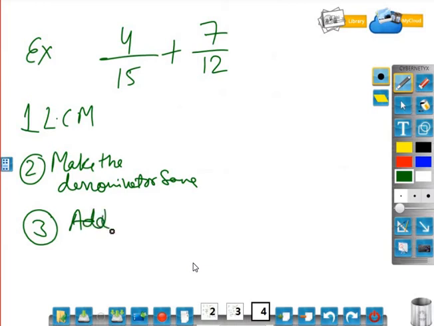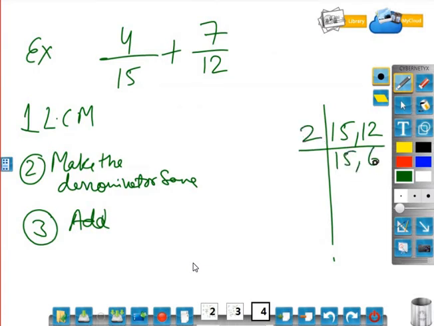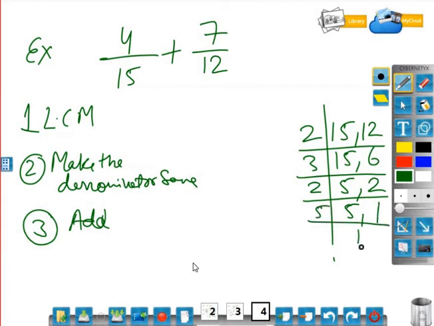Now first step, the LCM of 15 and 12. You can find the LCM using this method. First we try by 2, then we try by 3, then 2, then 5, 1, 1.